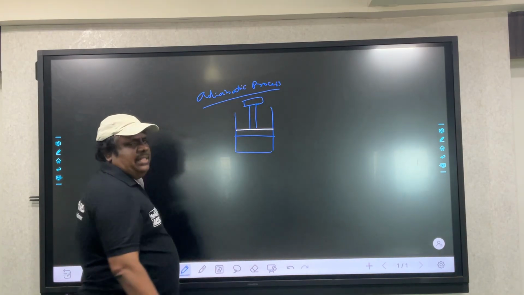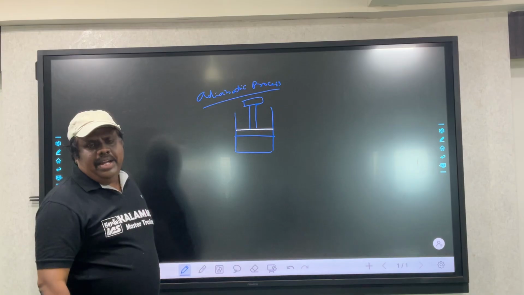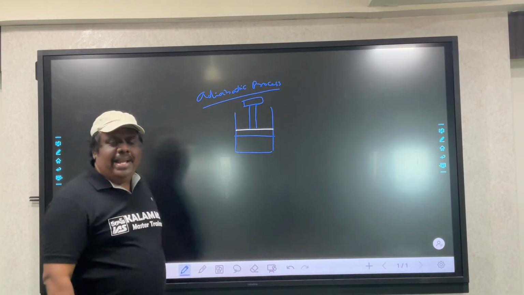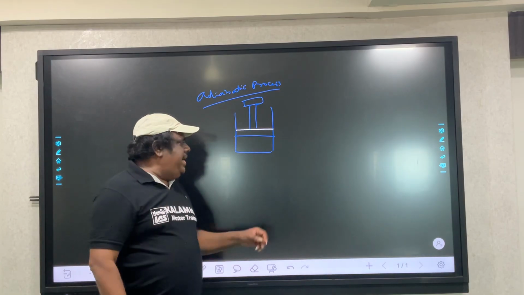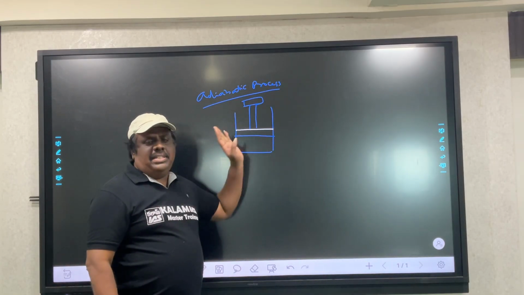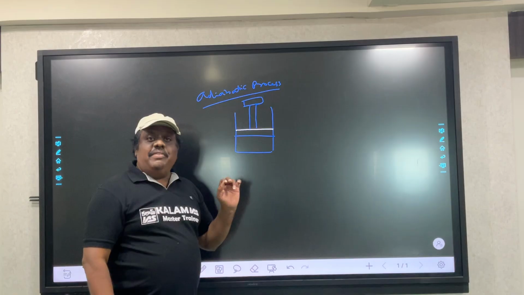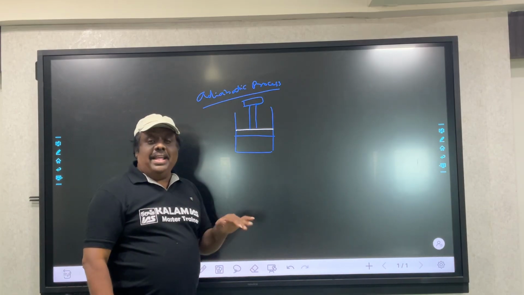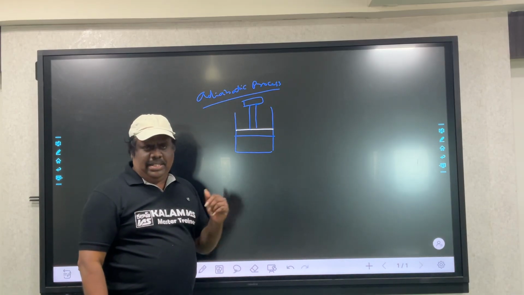Bad conductors means insulators. They do not allow the heat to flow. That means there is no thermal communication between the system and the surroundings. It is a quicker process than the isothermal process.